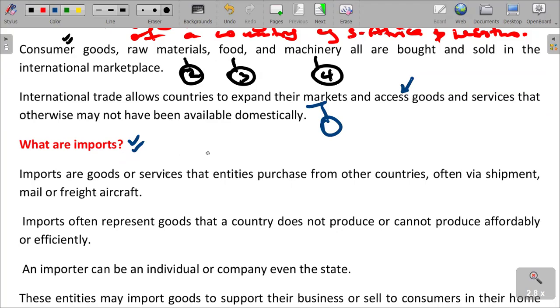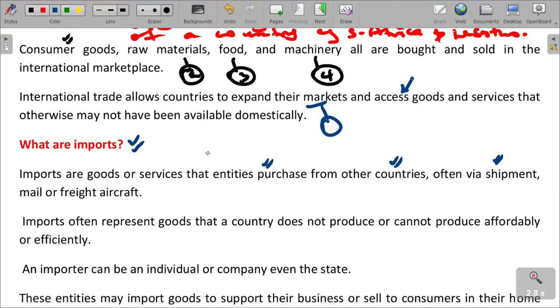Imports are goods or services that entities purchase from other countries. They are purchased from other countries, often via shipment. We are saying they are moving. This is a mode of transport. Shipment, we are talking about the movement, the mode of delivery, to say they are taken from their markets into the local market through ships.